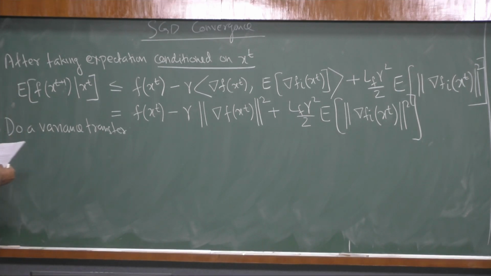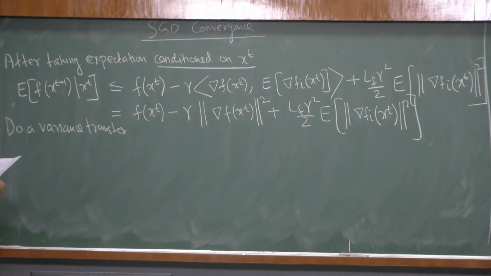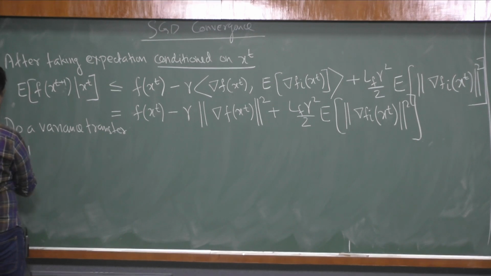Variance transfer told us that the expectation of the norm of grad f_i is less than or equal to, so we will recall variance transfer. It's good to keep writing so that you memorize it at some point.